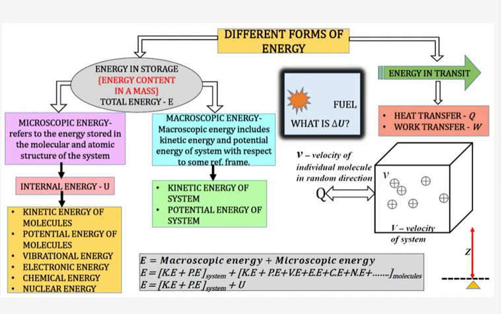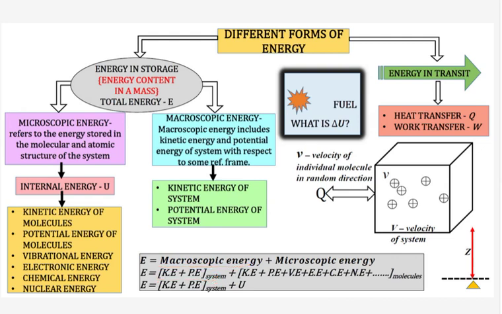Okay, now next, what is this total energy? It is summation of these two. So E is macroscopic energy plus microscopic energy. Now I can write the macroscopic energy is kinetic energy and potential energy of system with respect to some reference frame.